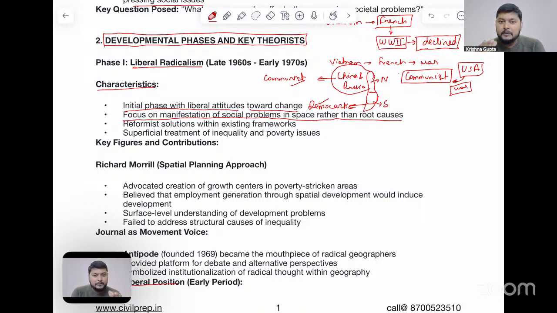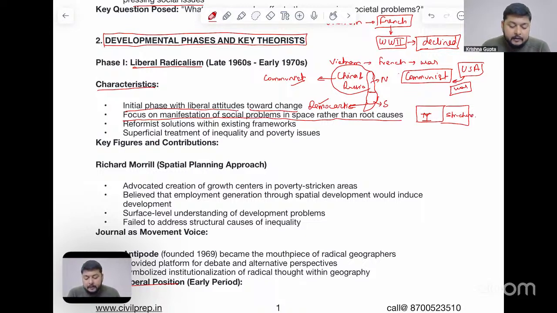Or is there certain other issue, like there is lack of employment, there is lack of higher wages, there is lack of capital distribution to the people, there is lack of resource distribution to the people. So here the perspective changed from the problem being with me, to the problem being with the structure which is present over the space.